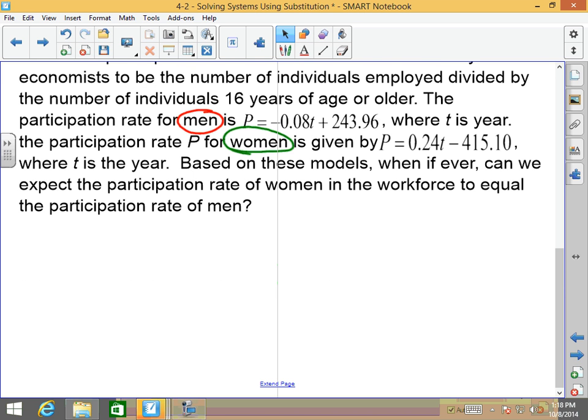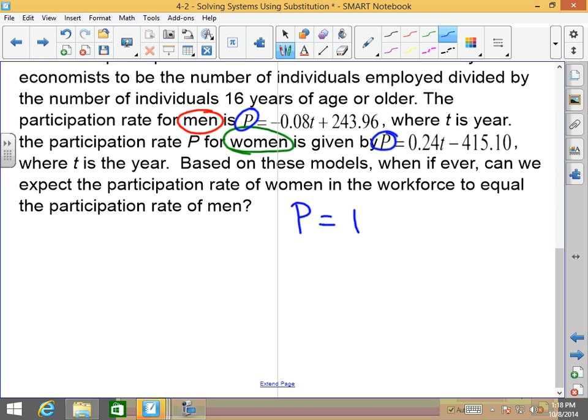Well, in this case, think about it. Isn't P equal to P, the participation rate? So when will the participation rate of men equal the participation rate of women? Set the two P's equal to each other. So the participation rate of men is negative 0.08T plus 243.96.